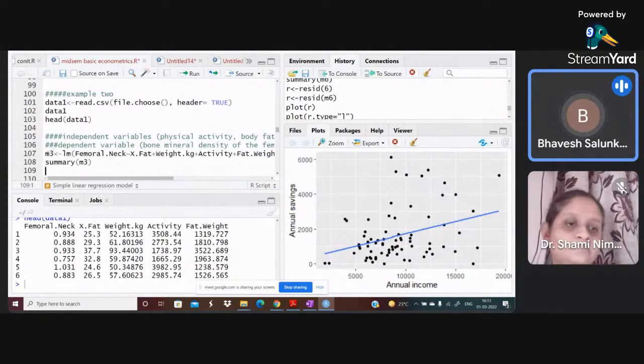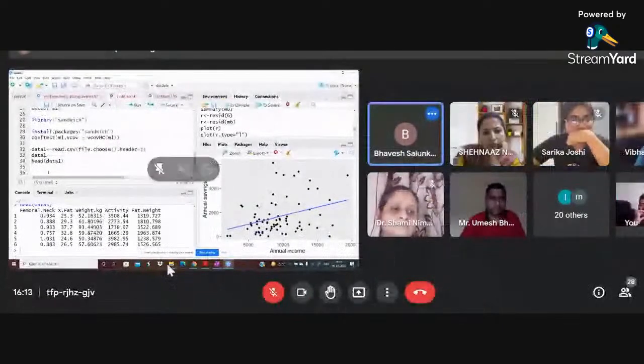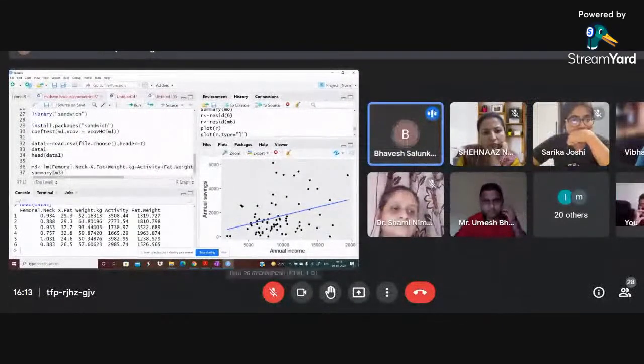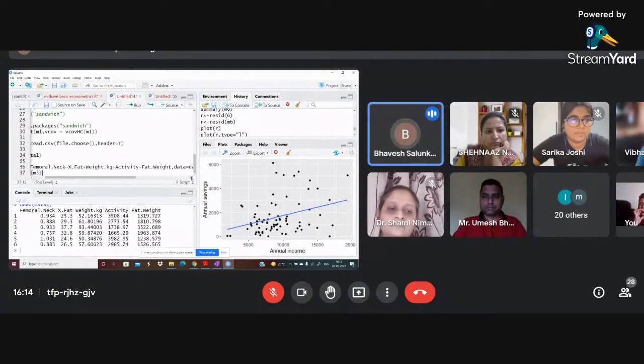Now I run the regression using these variables, and my dependent variable is femoral.neck from my data which is loaded. So I run this model. We see that femoral.neck is my dependent variable regressed on x.fat plus weight.kg plus activity.